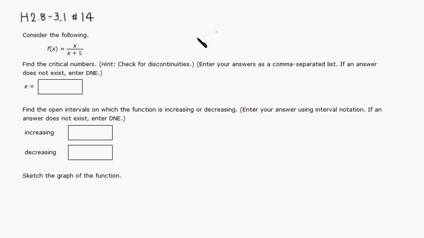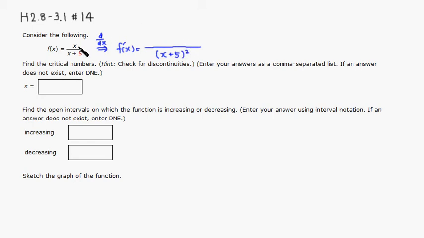All right, so in order to find a critical number, we have to take the derivative. So we take the derivative of this function with respect to x. So we have f prime of x is equal to, using the quotient rule, square the denominator, so you have a quantity x plus 5 squared.